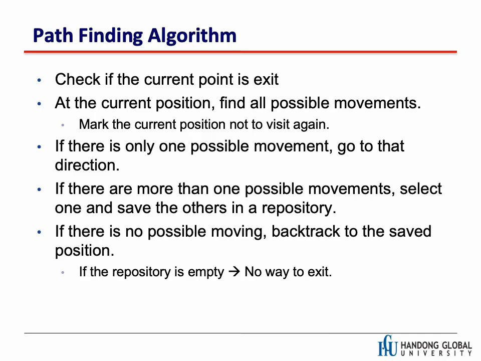We saved all the other options, right? Then we backtrack to the position where we have other options, and take another option. So we get one other option from the repository. And if the repository is empty, then there's no way to exit.